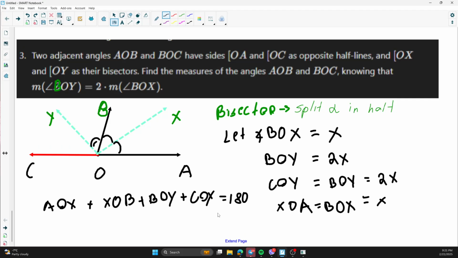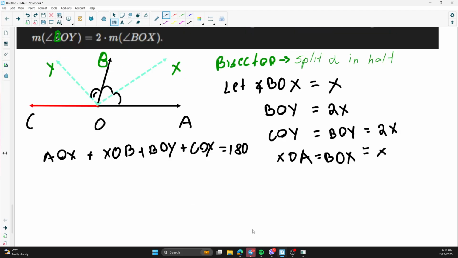Now let's look at it. AOX will be x. XOB will also be x, right? Now BOY is 2x and COY is 2x.